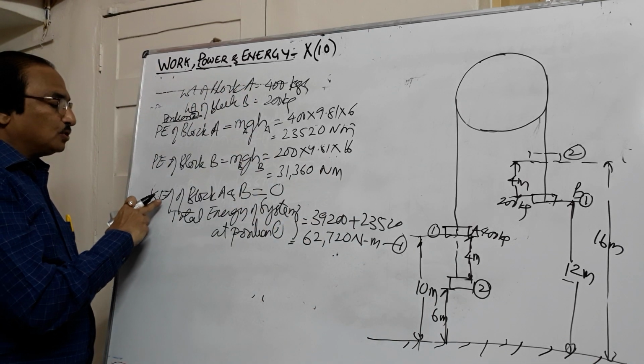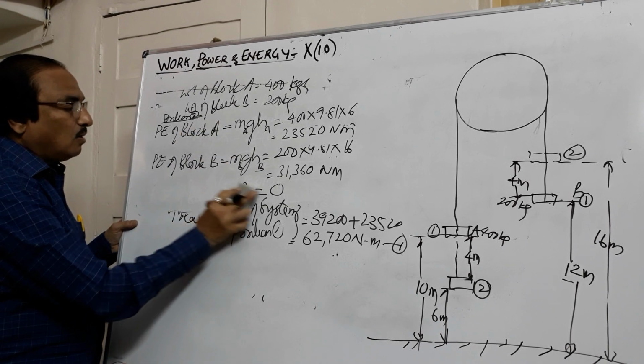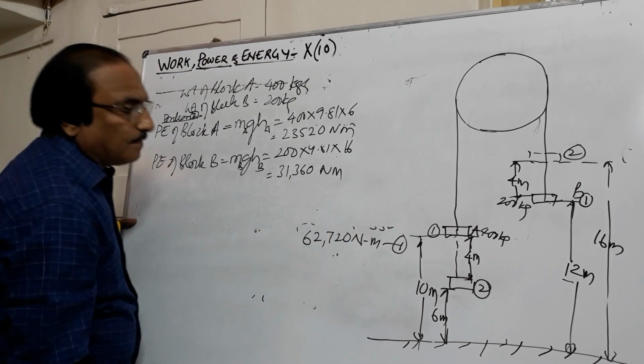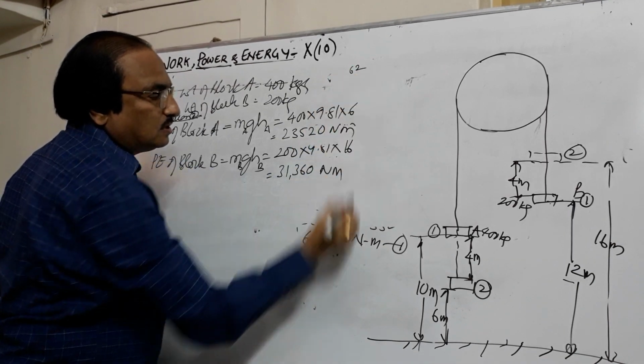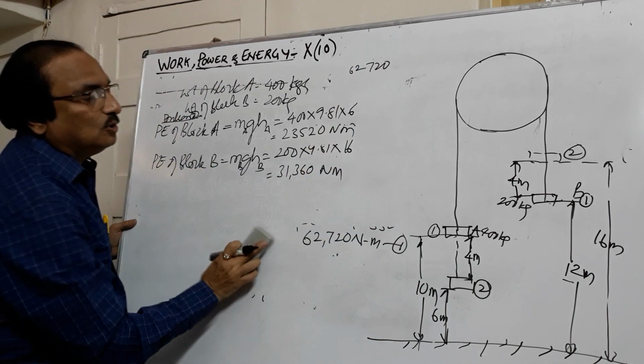Now the bodies are moving. At the earlier position, the kinetic energy of blocks A and B was 0. Now they are moving, so there will be kinetic energy. We will have to equate it.